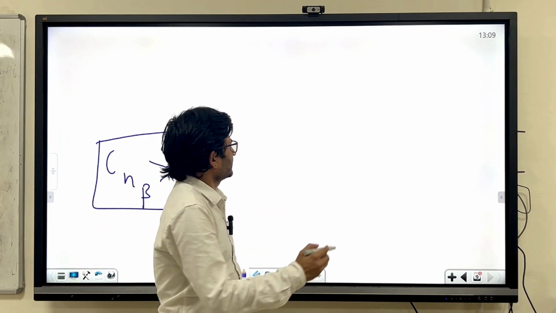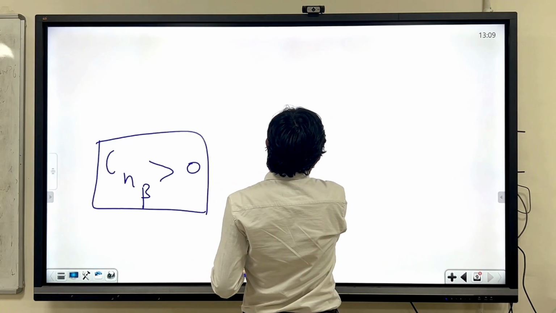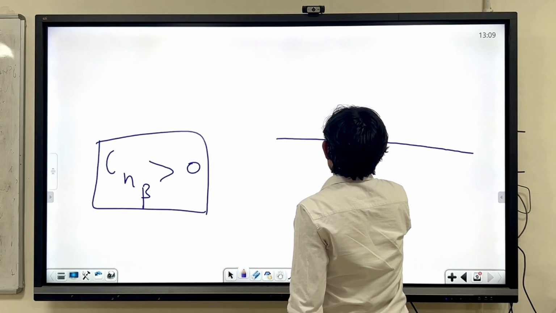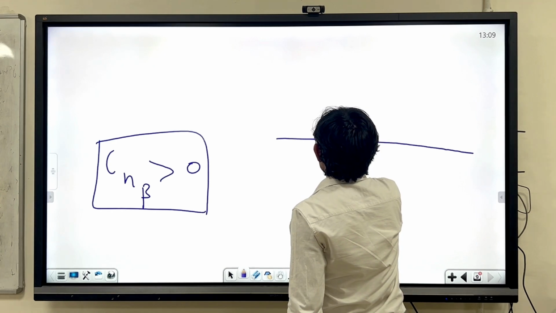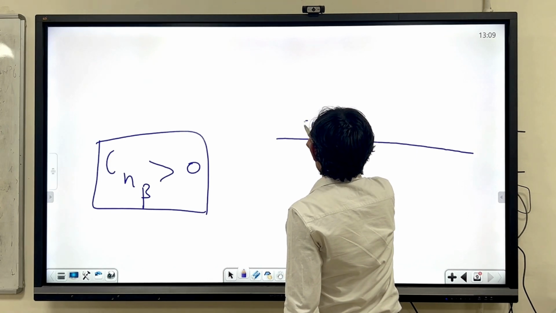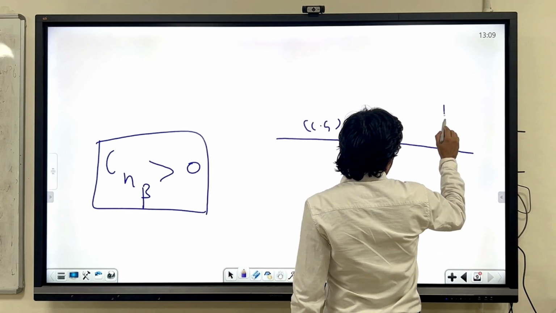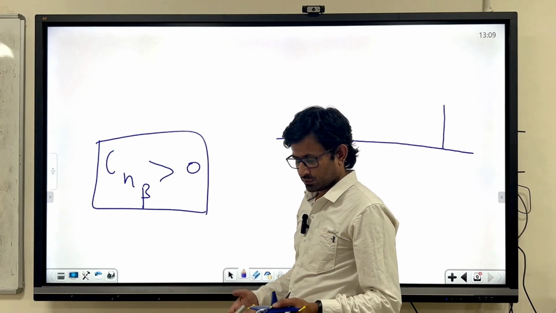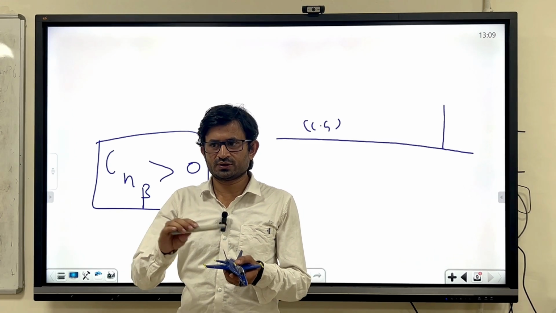For example, this is the aircraft fuselage reference line, and your CG is, let's say, somewhere here. Your vertical tail is this. So now this vertical force into this distance, right?